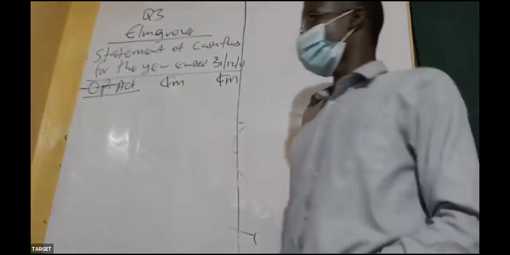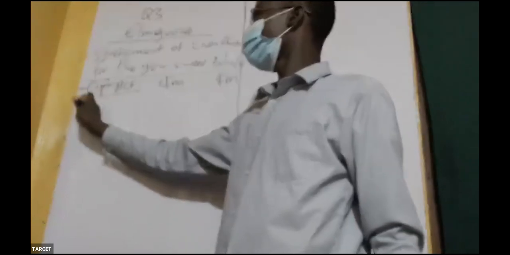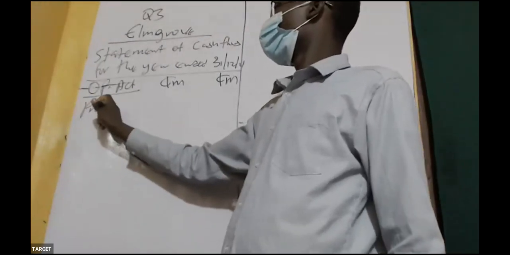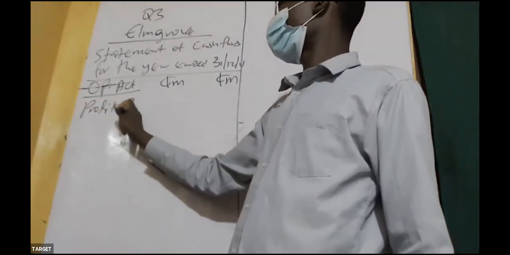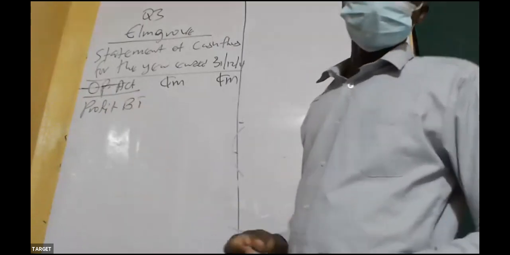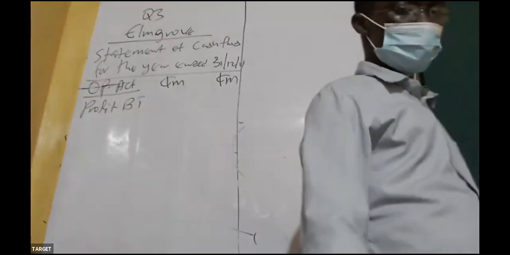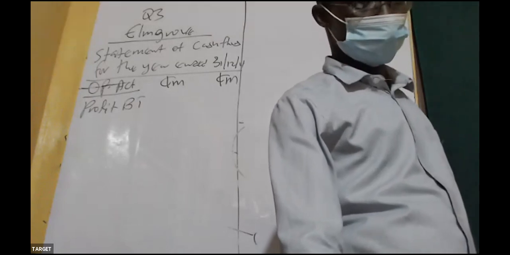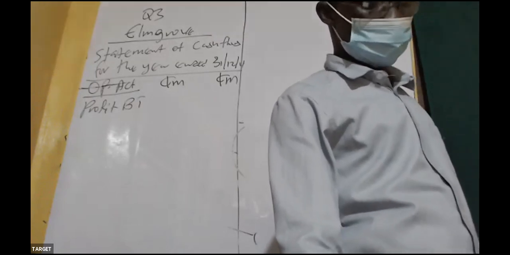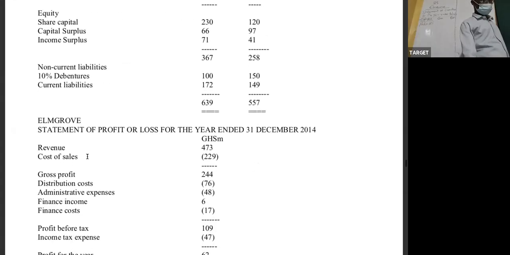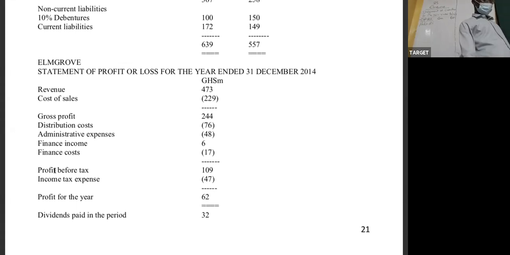First thing is you write your profit before tax. So locate your profit before tax. So I'll go to the question and look for profit before tax. So join hands, let's look for this item. From the P&L, profit before tax is here, 109.